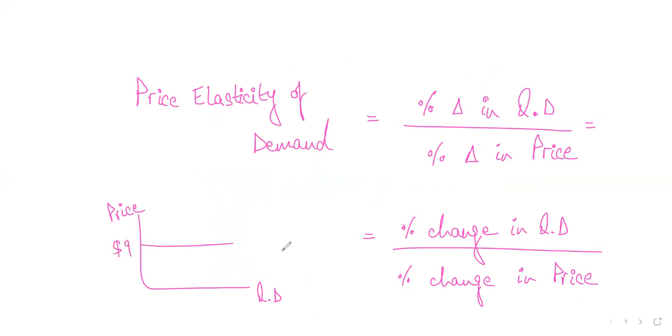Price is fixed, but you can buy whatever quantity. So in the denominator, we know for a fact it will always be zero. When price is not changing, the denominator will always be zero. In the numerator, it can be any value, a 10% change, 12% change, 15% change, whatever it is. Now, whenever you divide a number by zero, what do you get?